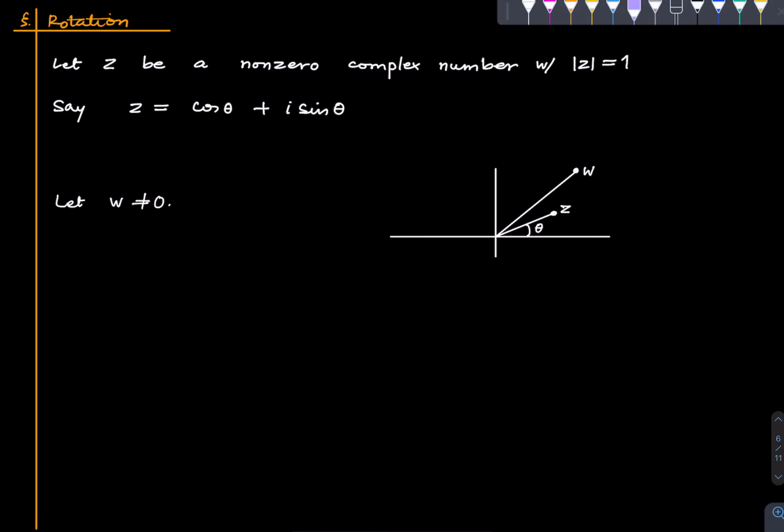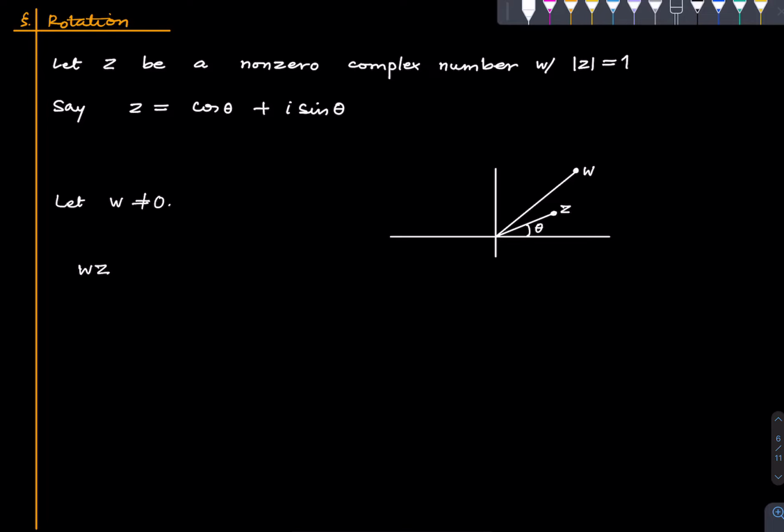So this observation can be used to study rotations. Fix a complex number z of magnitude 1. Let's say theta is an argument of it, the angle made with the positive direction of the x-axis. And w is some non-zero complex number. So then what is wz or zw?